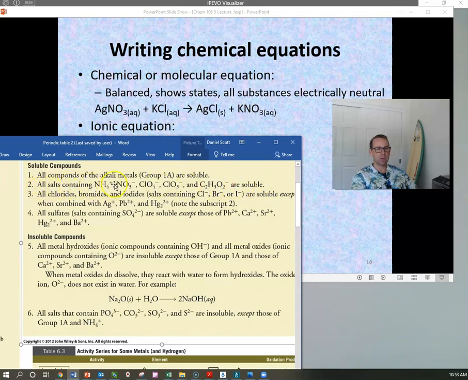All of these ions, ammonium ion, nitrate ion, perchlorate ion, chlorate, acetate ion, if the salts contain them, are soluble. So that's how we would be able to know that silver nitrate is soluble.